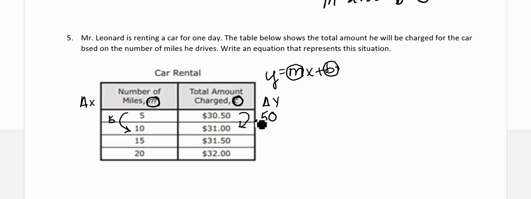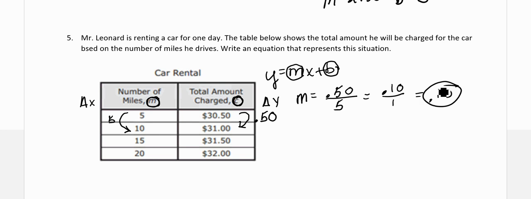Okay, so it's 50 cents for every 5 miles. I can simplify this to 10 cents per mile, or just 10 cents. Okay, so my m value is 10 cents. Okay, so it's 10 cents per mile.